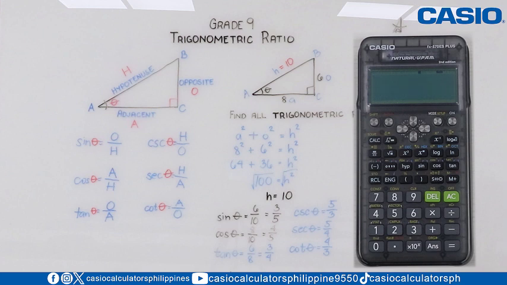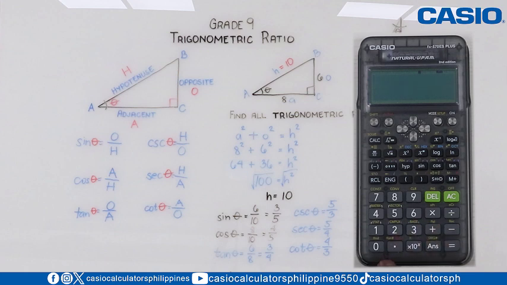So to use this function of our calculator, you need to look first at the reference angle and how the adjacent and the opposite sides are placed. Now for this calculator technique, we will use the polar function, and that will be the function at the top of our addition sign, which is named POL.